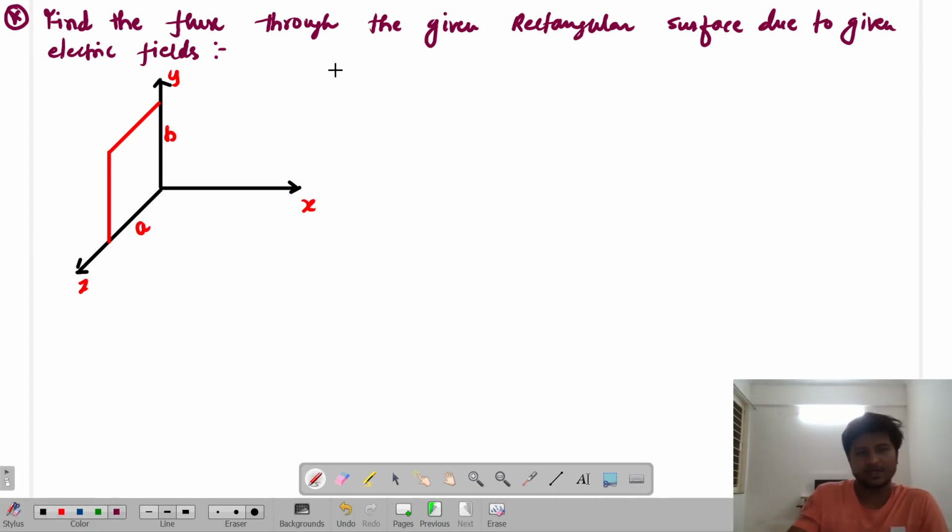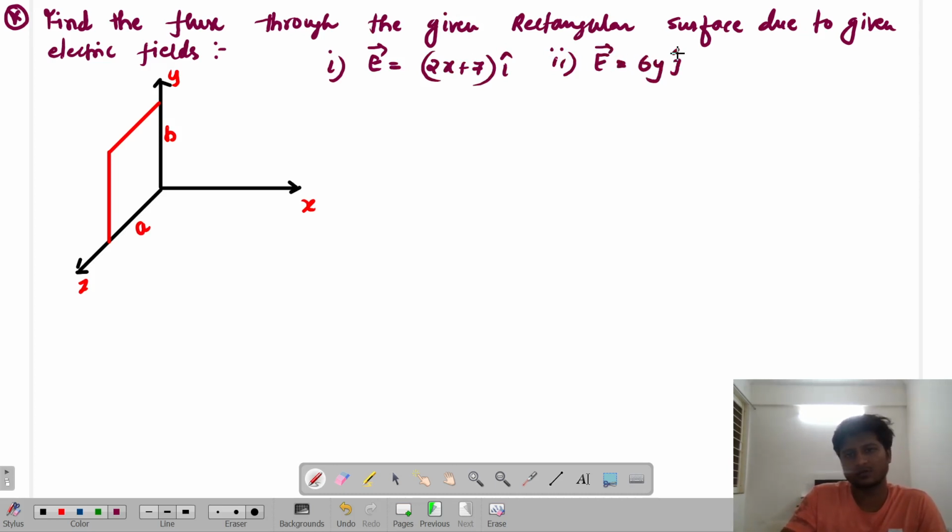The first electric field is (2x + 7) i cap. The second electric field is 6y j cap. The third electric field is 6y i cap.